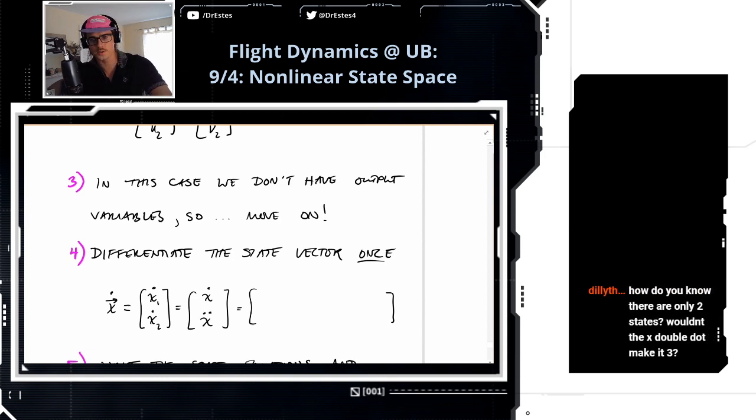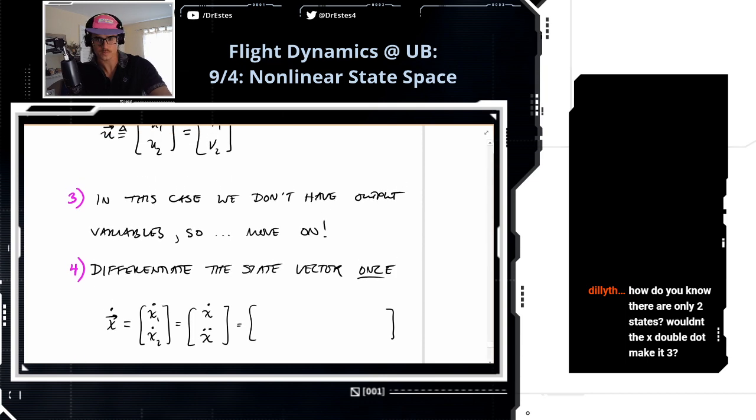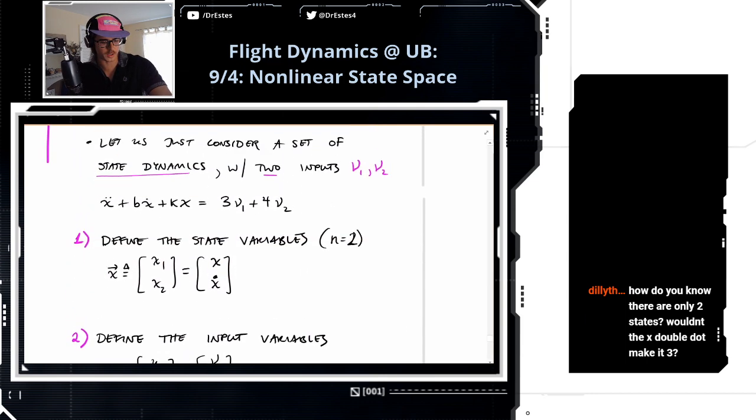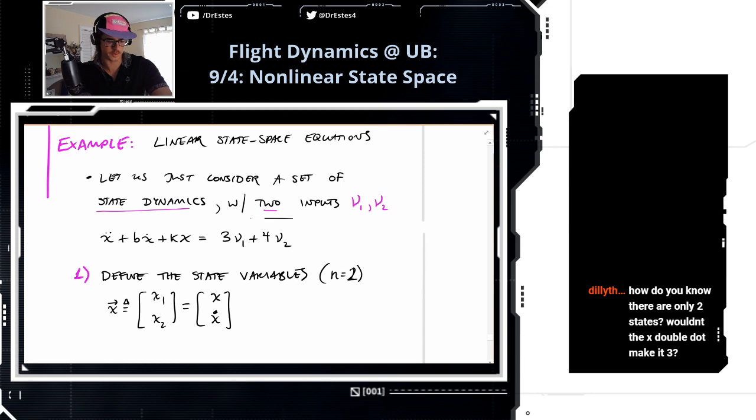How do you know there are only 2 states? Wouldn't the x double dot make it 3 states? No. If you look at the differential equation, the order of the system is equal to the highest derivative that you find.